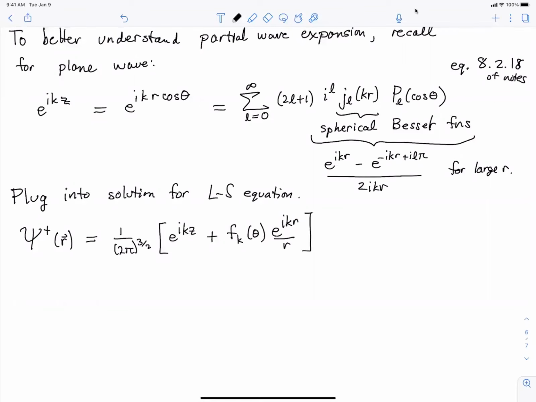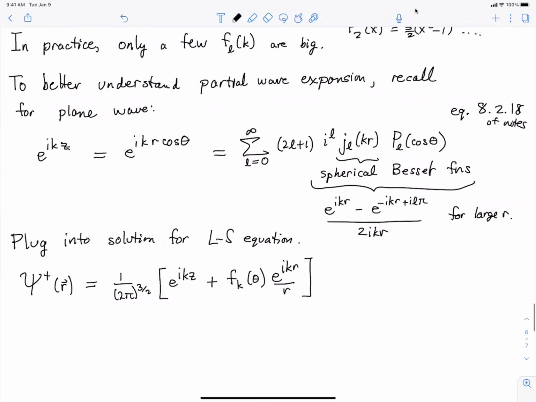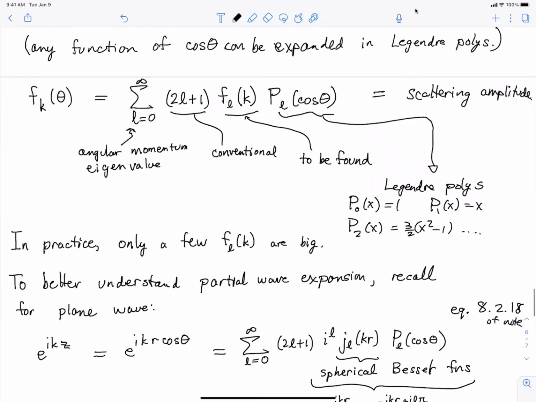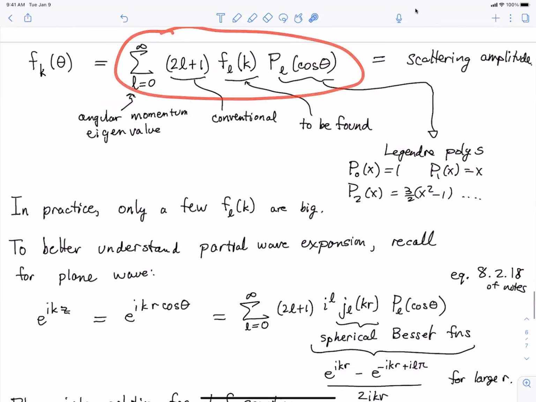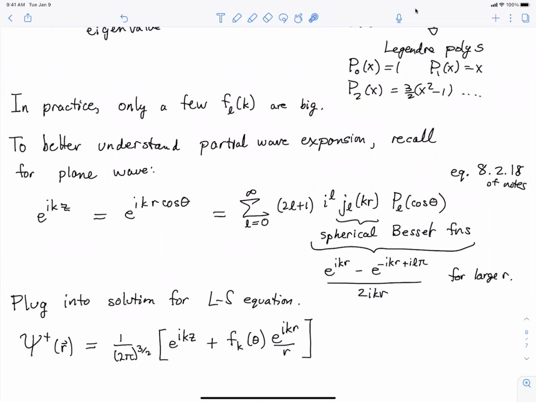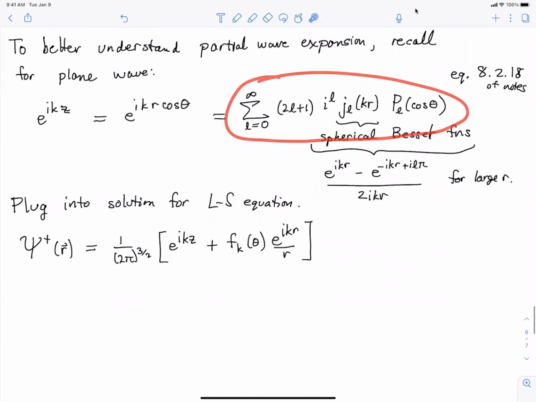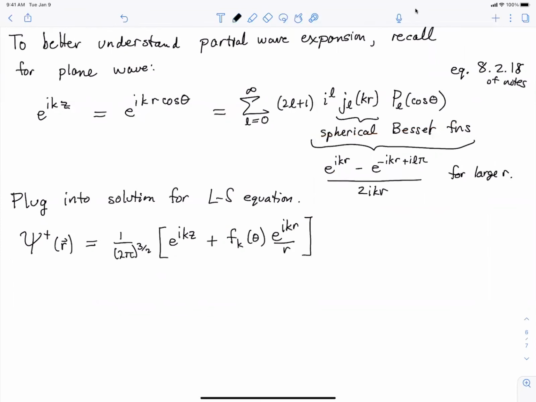Right, so now we can plug in both things. We can plug in what our expression was for f_k, that mess, and we can plug in our e to the ikz, that's this mess, and they have a lot of things in common, which is going to allow us to write them in a nicer way.